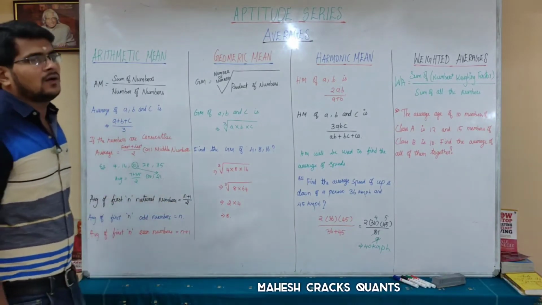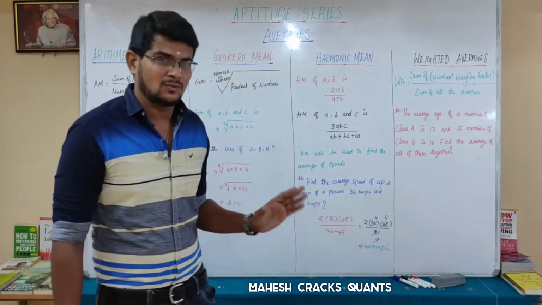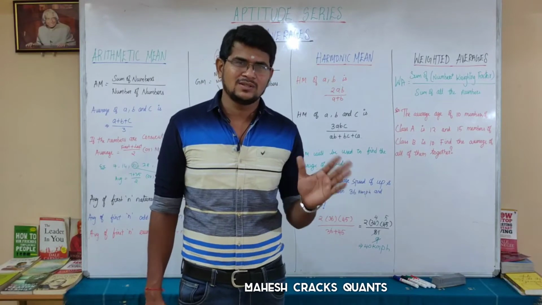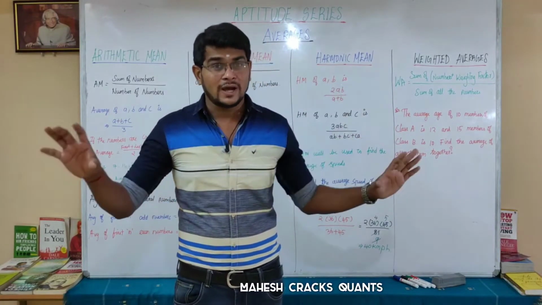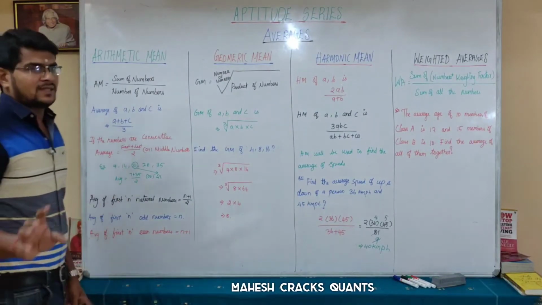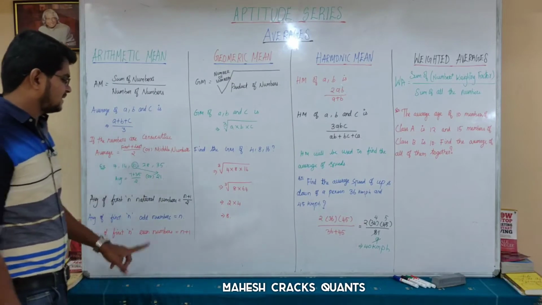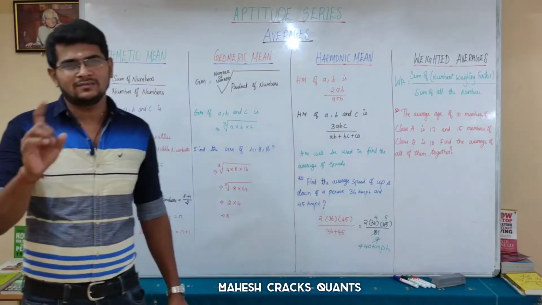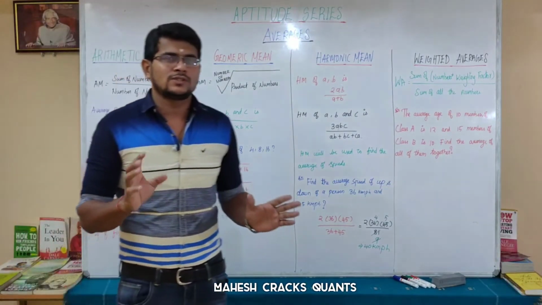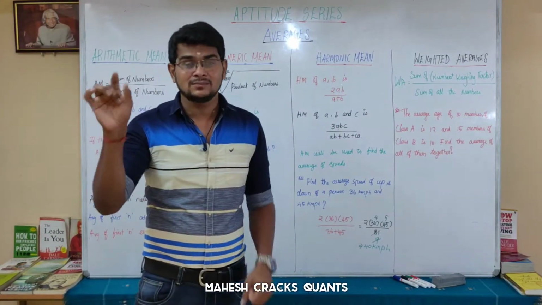Average of first n odd numbers. What is the first number? First odd number is 1. 1, 3, 5, 7, and so on. If you have n numbers, then n itself is the answer, the middle number. Okay. Average of first n even numbers means you have to add 1 to the number. 2, 4, 6, 8 and so on, so you take the number of numbers plus 1.